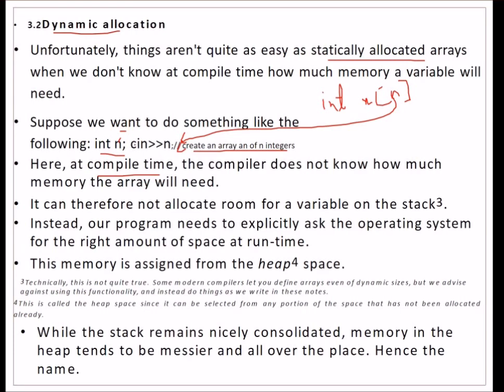Now we are not aware. So at compile time we are not aware how much size it is going to take. So we cannot allocate the space on the stack.